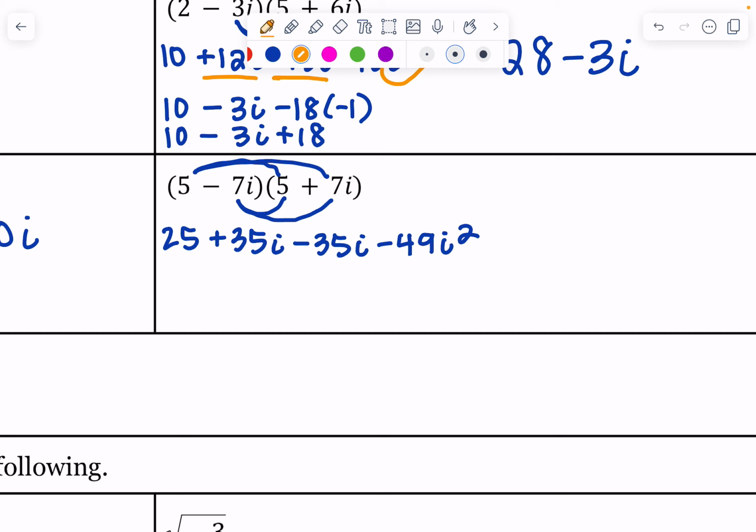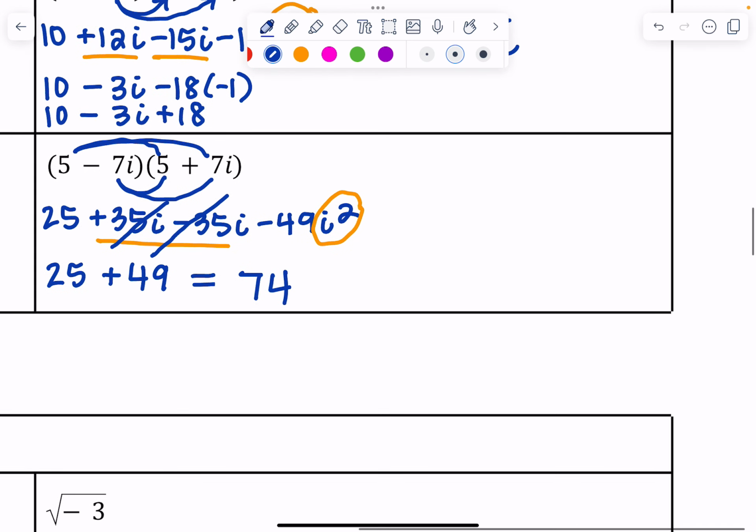And so we need to combine like terms and change out i squared for negative 1. So that's going to leave us with 25 plus 0i. You notice these cancel out to 0. And then plus 49. And we get, can't do that in my head, 74. So notice here, if we were to write this in a plus bi, we could just write 74 or 74 plus 0i.